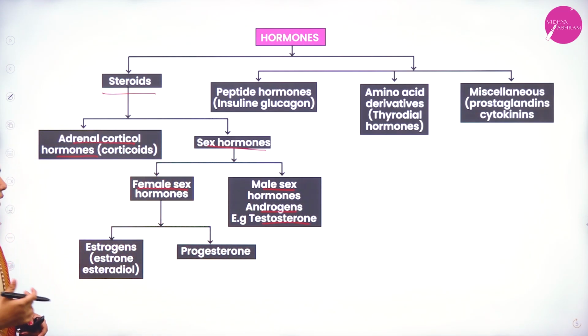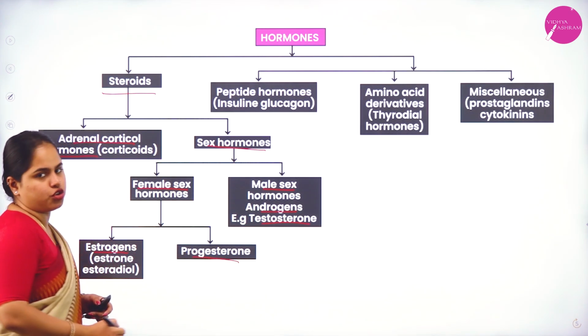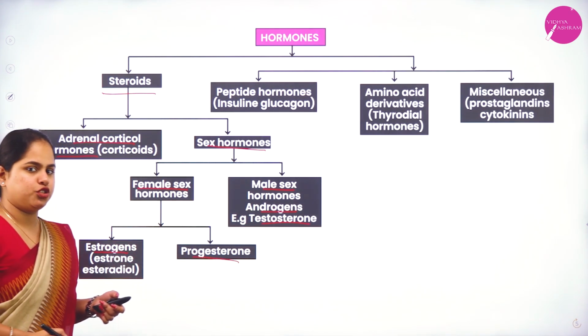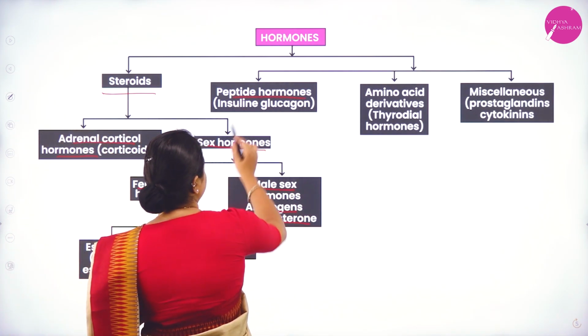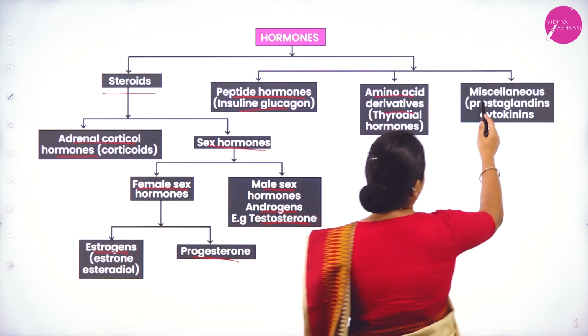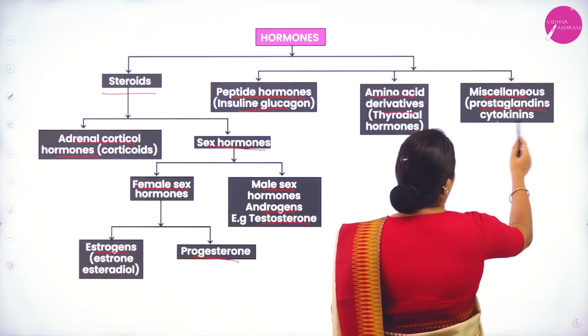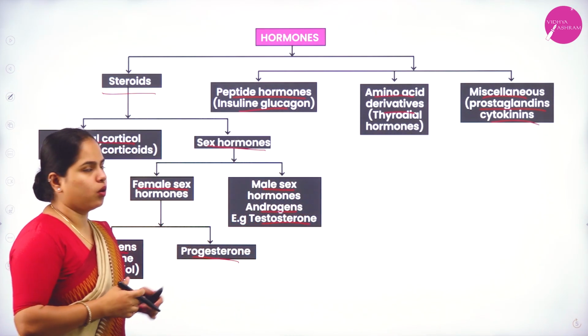Testosterone you are familiar with, and in female sex hormones you have estrogen and progesterone, right? On the other side you have peptide hormones, which are insulin and glucagon, amino acid derivatives, and miscellaneous, that is prostaglandins and cytokinins. This is how the classification of hormones is done.